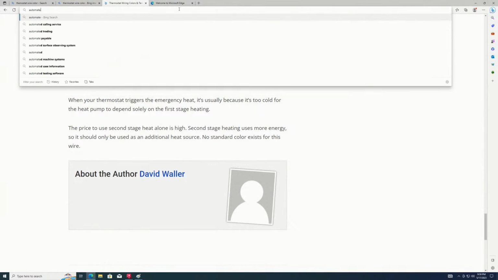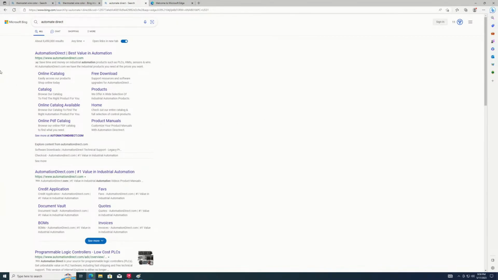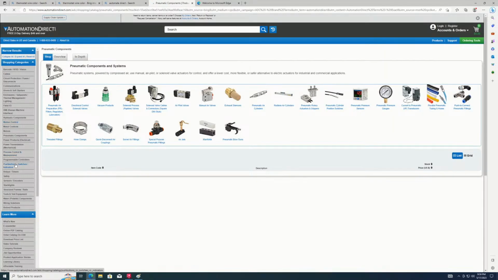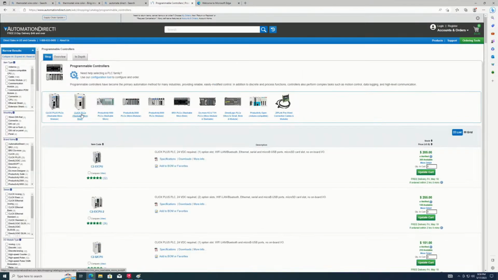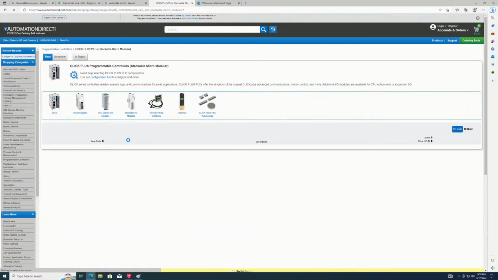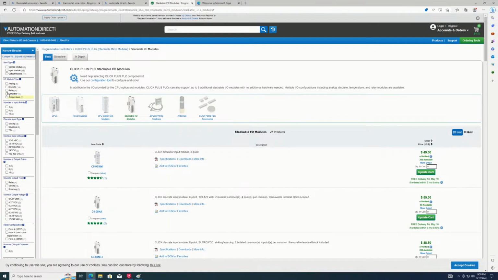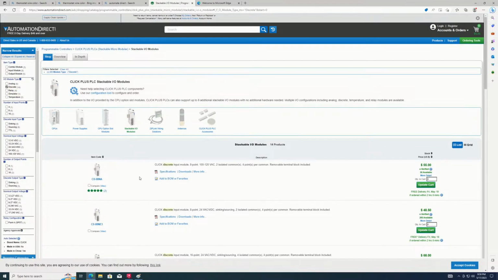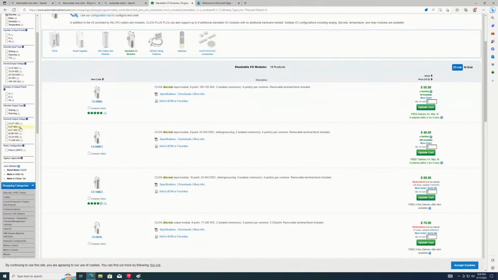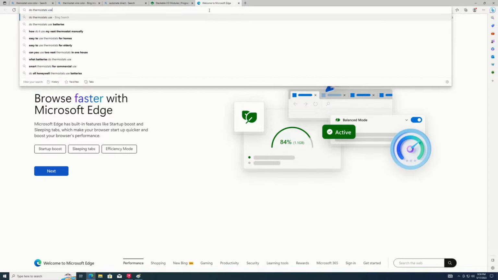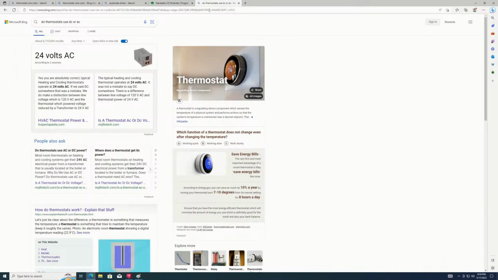Let's go to AutomationDirect. Let's look at our products. Let's look at programmable controllers. We're using the Plus series. Let's look at our stackable I/O modules. Discrete. I don't know if they use.